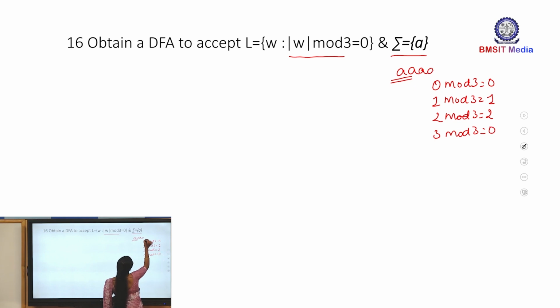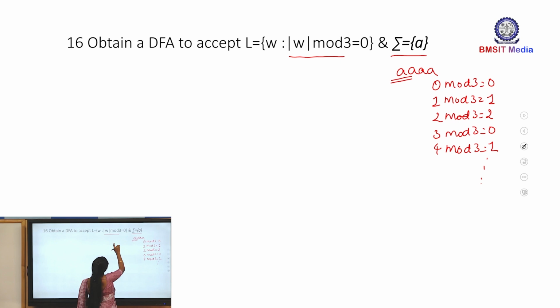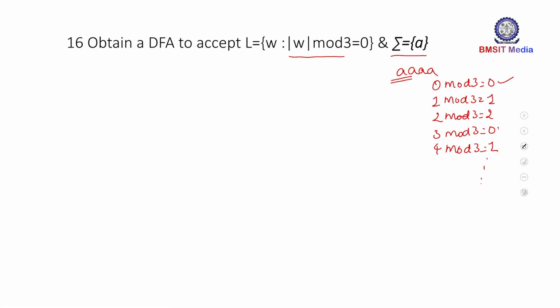Again, if I have 4 A's, it should be 4 mod 3, which is equal to 1, and so on. The condition tells us it should accept all the strings that satisfy the condition given in the language, that is, the length of the string mod 3 should be equal to 0, which means this should be accepted, this should be accepted, and so on. 6 mod 3 should be accepted.